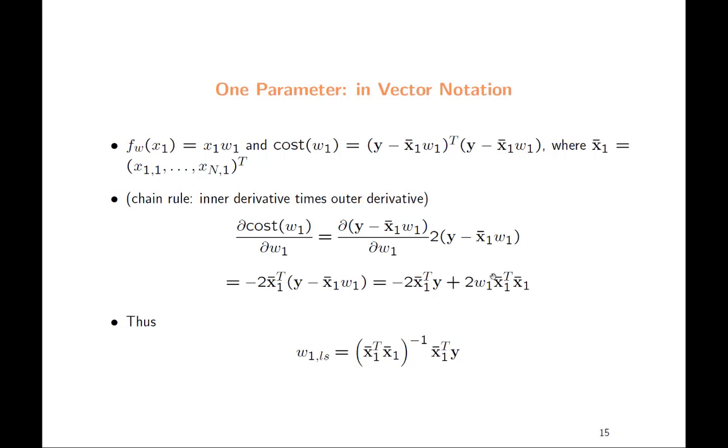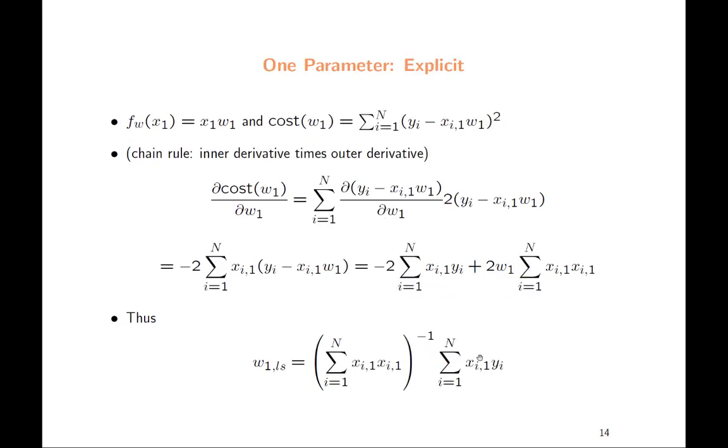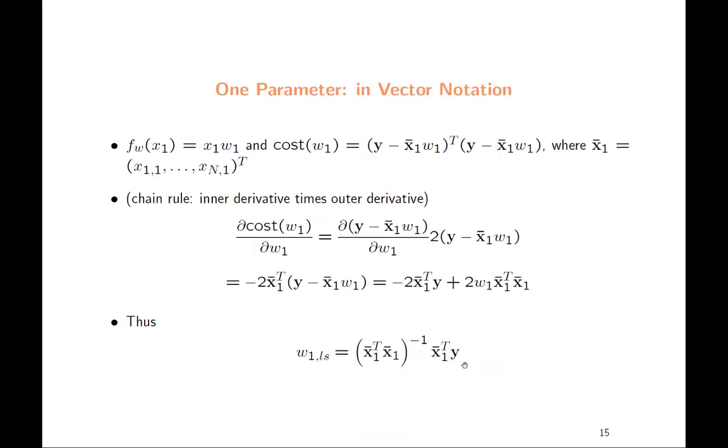And if we now solve for w1, the least square solution, exactly the one before, it's x transposed x, inverse of that, times x transposed y. So this is just another way of writing this, if you got confused. But this looks like a formula we will also have in a moment in the more complex setting. I just want to give you a feeling a little bit why this equation looks like this.